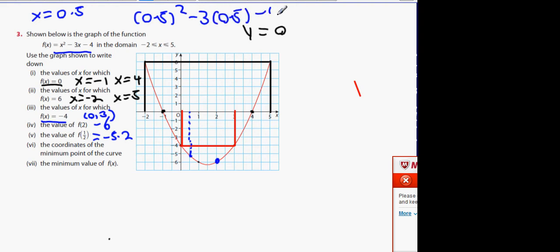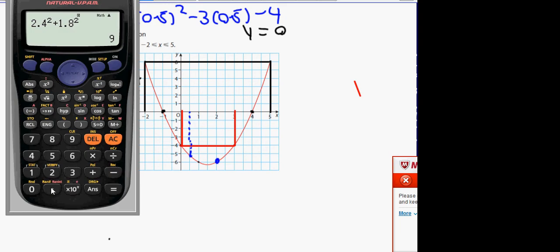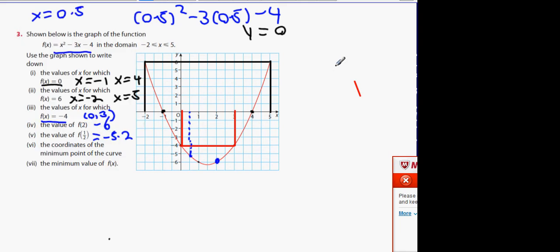And what do you get here? It says to use the graph, but you could always check your answer. Minus 5.25. So we're very close, but the approximate answer is minus 5.25. You'd never be able to do that by eyesight, so you're just going to get close.